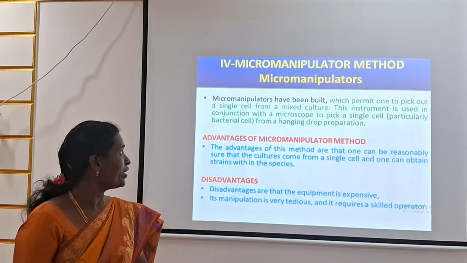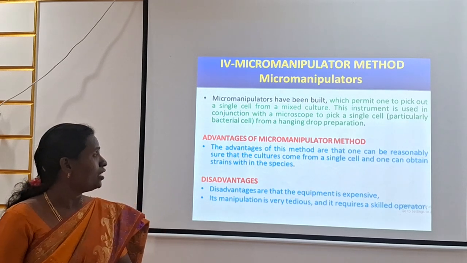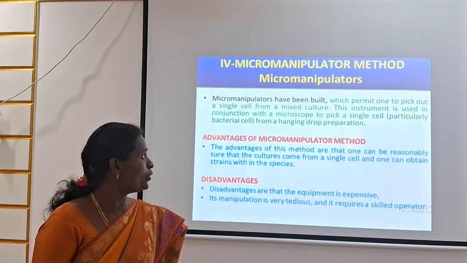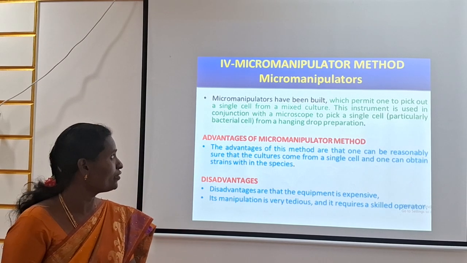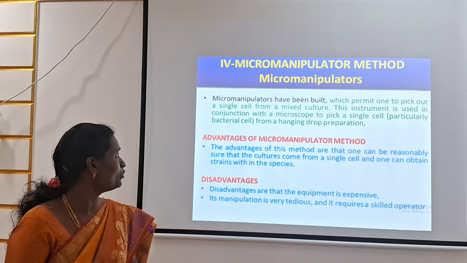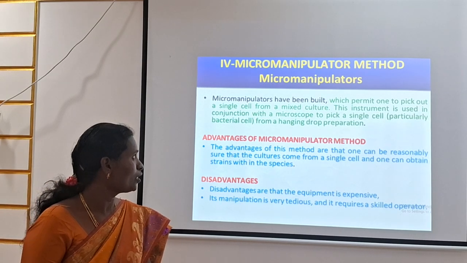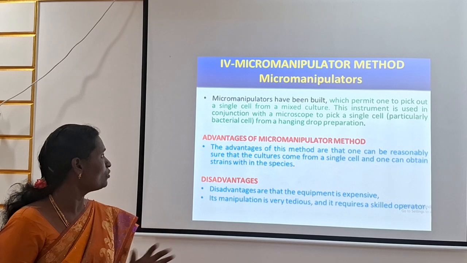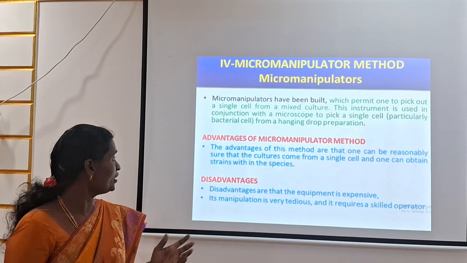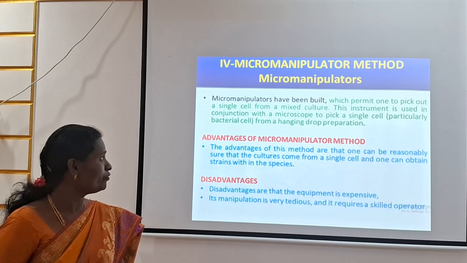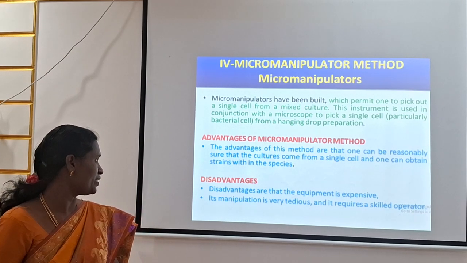Micro manipulator method. This technique permits one to pick out a single cell from a mixed culture. The instrument is used to pick out single colonies. The advantage is that one can reasonably show that the culture comes from a single cell, and one can obtain the strain within the species.